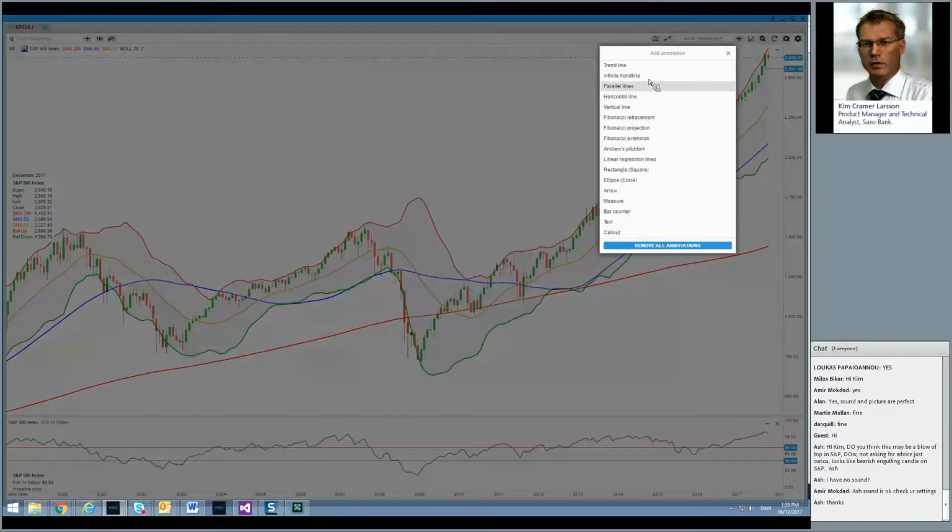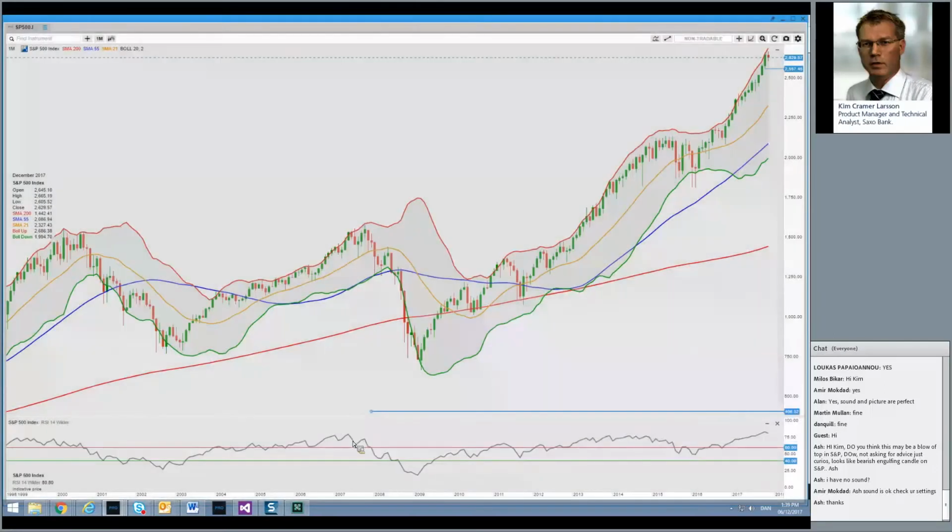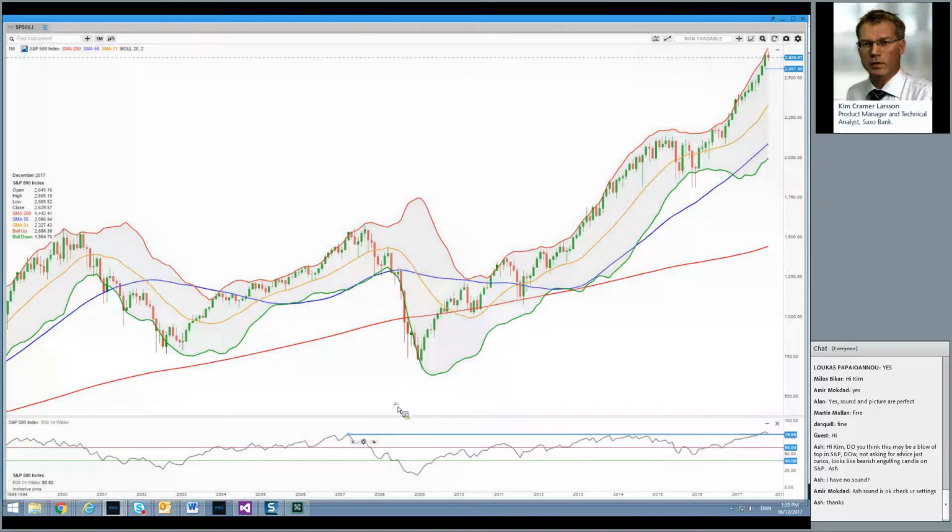So where are we? Let's draw some horizontal lines. See, RSI is higher than it was just prior to the financial crisis bear market. It is higher than any time ever since. It's the highest we have seen in almost decades.